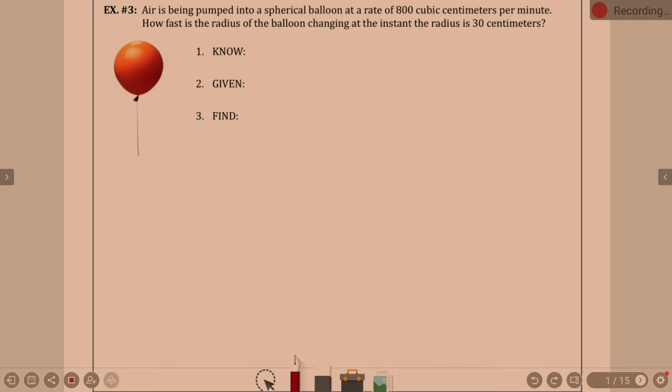So if you recall, I tend to start with the given. Figure out all I can, and I write it down so it's there and visible what is given. Air is being pumped into a spherical balloon at a rate of 800 cubic centimeters per minute. What is that? Derivative of what?